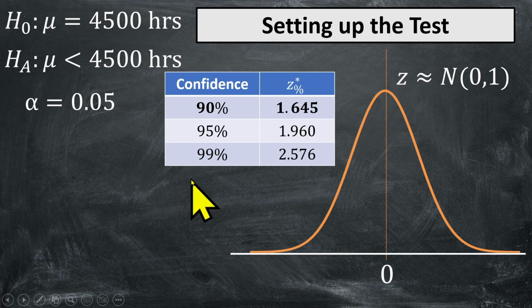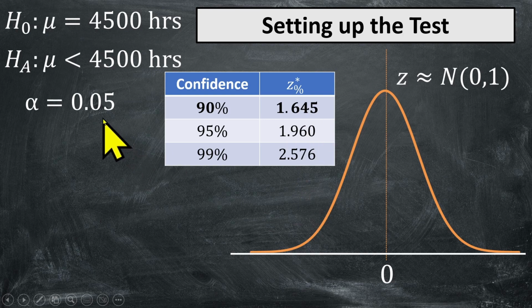So we can just remember that if you want to make a 90% confidence interval, then the Z score, the critical value for a 90% confidence interval, is plus or minus 1.645. That's the value that puts 5% into each tail of the distribution.